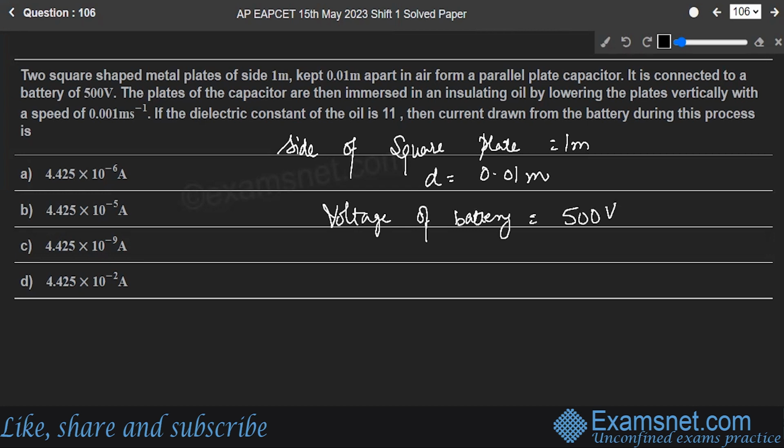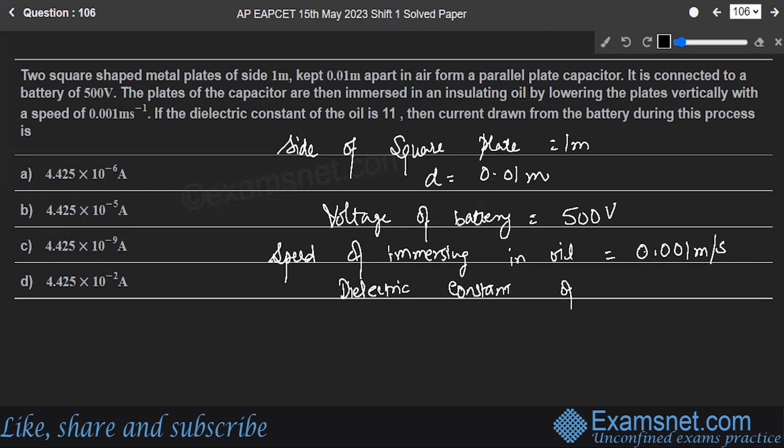The speed of immersing in oil is 0.001 meter per second. The dielectric constant of the oil is equal to 11.